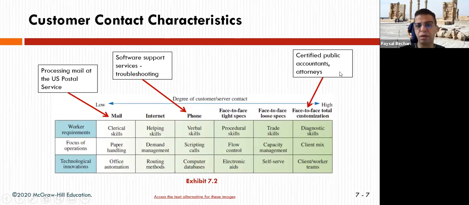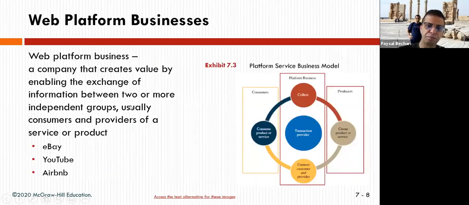On the other hand, in certified accounting or with doctors, face to face, it has to be customized. You need to talk to the client, see what they're looking for, and provide them the service they're looking for.